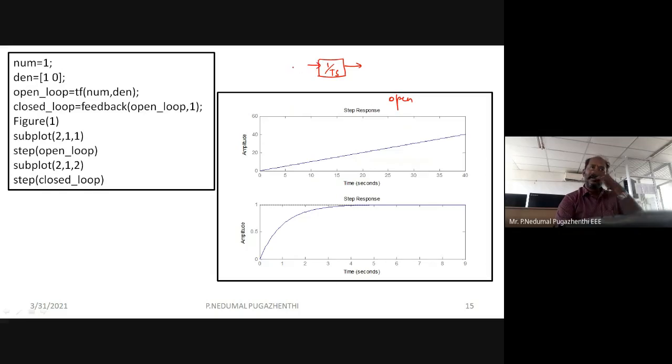You are supplying a step input 1 by s. So what will be your output? You will get 1 by T s squared. What is 1 by s squared? Ramp. You can see that you have a ramp signal. This is the open loop response.